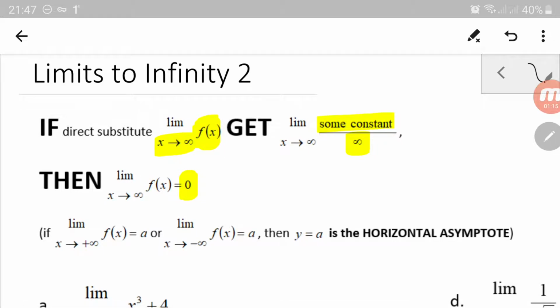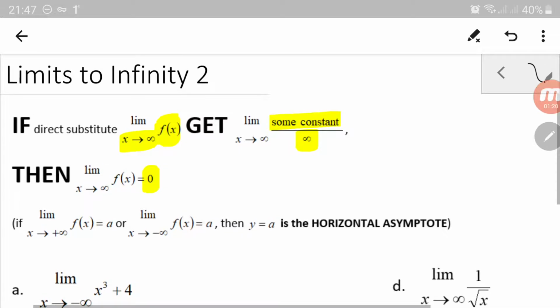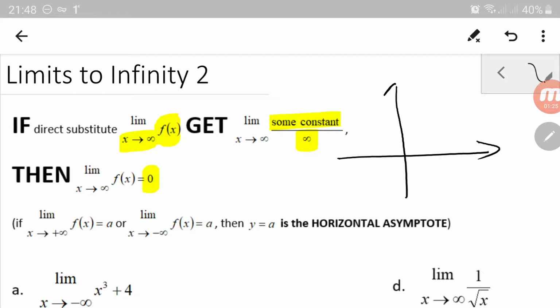What we can get from this information is that if we consider the x and the y axes, and then we consider a function that has this kind of behavior, the f(x) as x approaches positive infinity, towards the right, the function is 0.